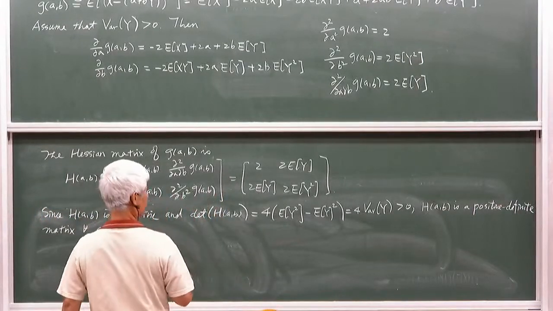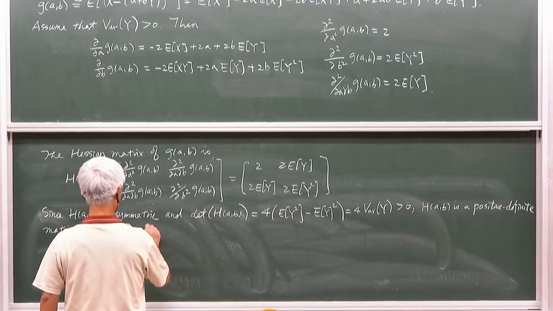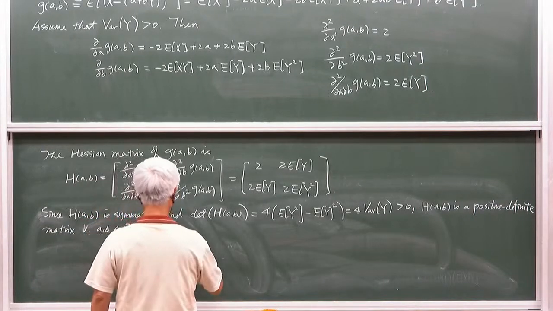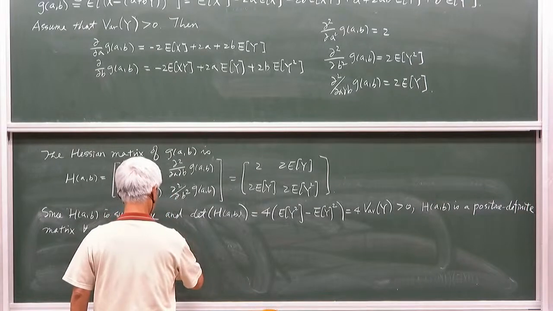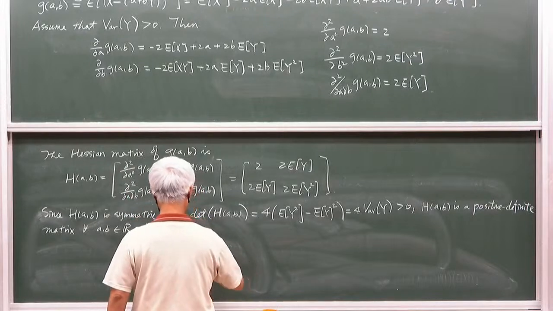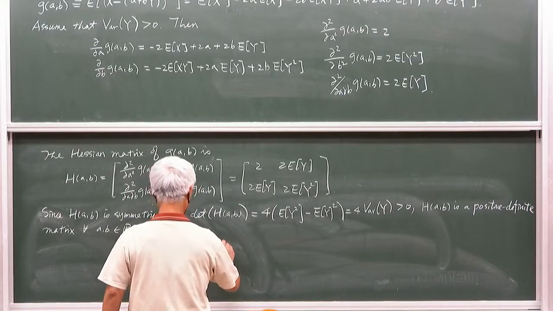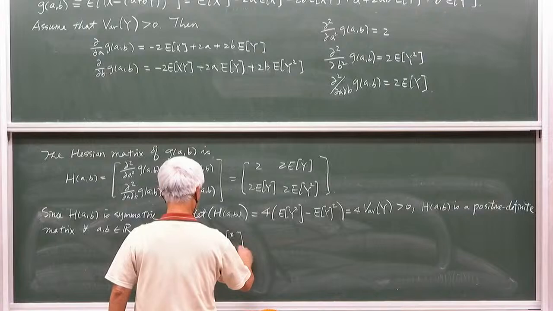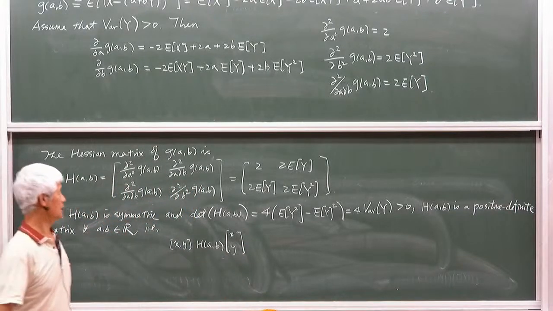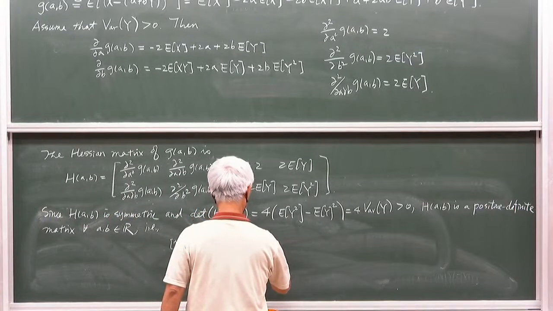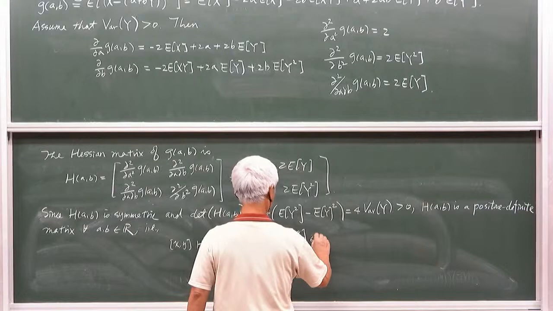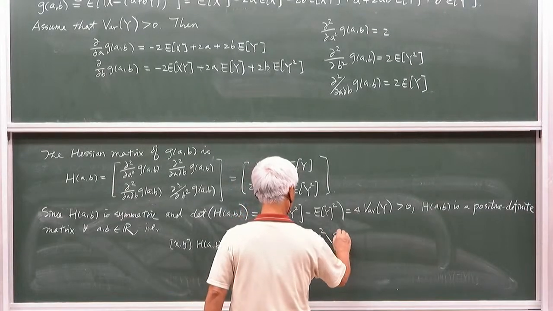The meaning of positive definite is that for any x, y times the Hessian matrix, if you form the quadratic form here, this is always positive for all x, y in R square minus the 0 vector.